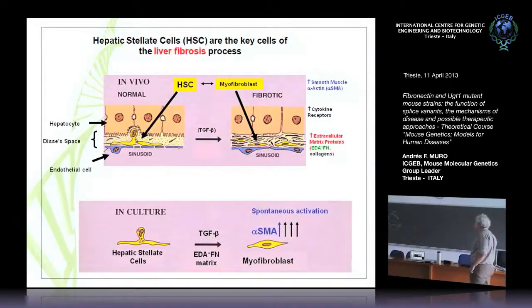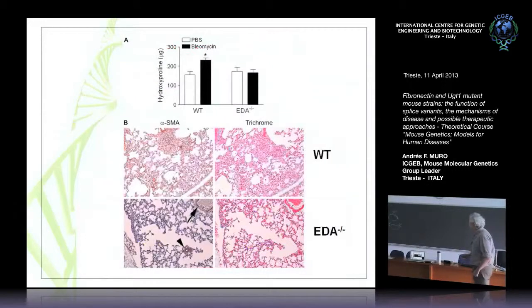So we tested this in vivo using a bleomycin fibrosis model. So we studied lung fibrosis, and we can see here that in the wild-type animal, this is collagen content, which is a measure of fibrosis. In this case, this is untreated animals, or just the mock-treated animal, and this is the bleomycin-treated animal.